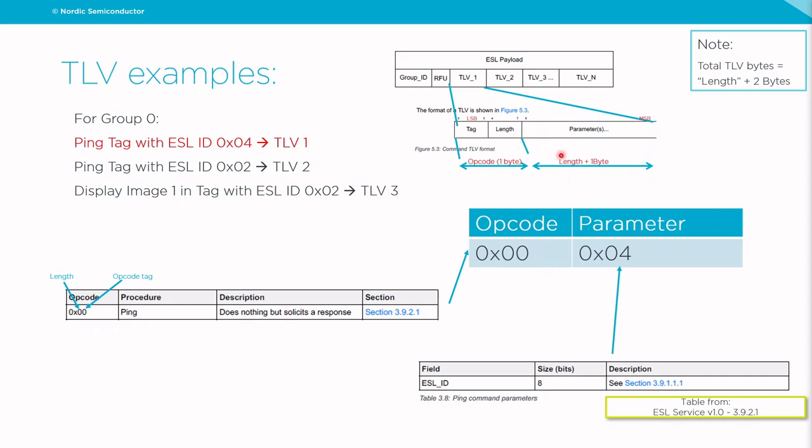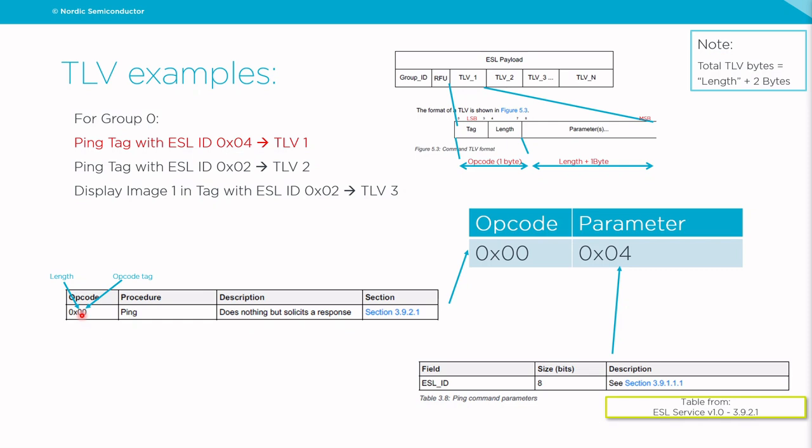Here, it is interesting to know that the length of the parameter is defined to be the length component of the opcode plus 1 byte. As a consequence, the total TLV length is the length in the opcode plus 2 bytes. This is because the opcode itself is 1 byte. In this case, we have a length of 0, as you can see here.